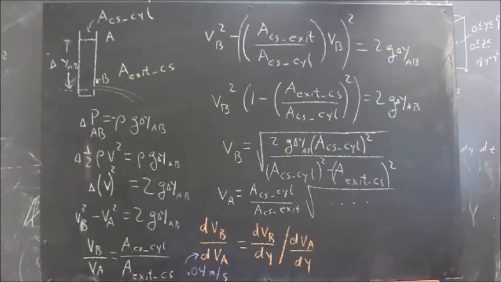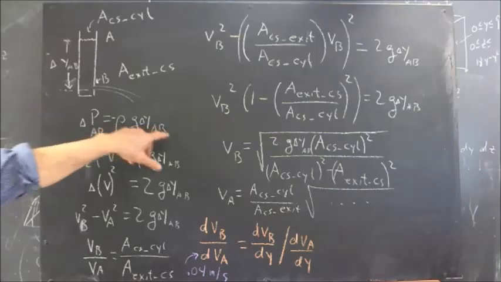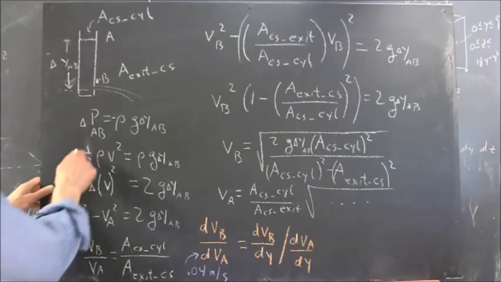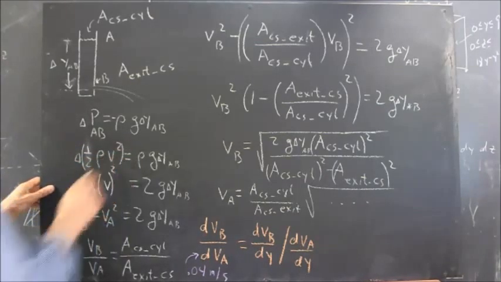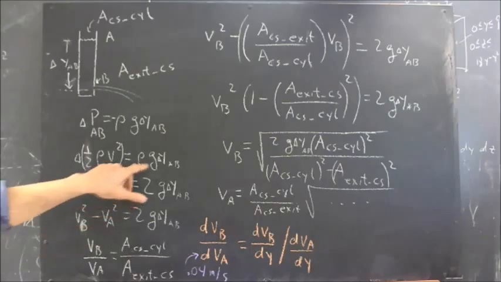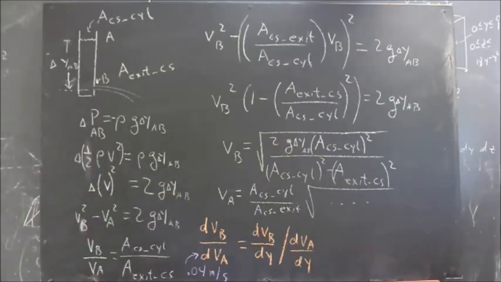The pressure change is negative rho g delta y_AB, and the change in 1/2 rho v squared from this point to this point has to be rho g delta y_AB, since the change in the 1/2 rho v squared term between here and here is equal to the change in the pressure from inside to outside.